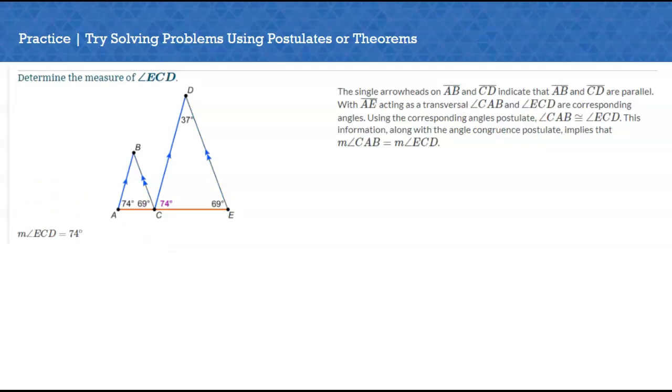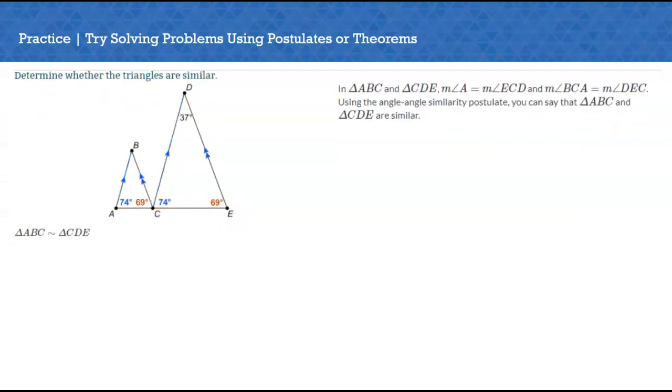The same is true with the single arrows on AB and CD. Since they're parallel and AE is acting as the transversal, then angle CAB and angle ECD are corresponding angles. Using the corresponding angle postulate, we know that angle A and angle ECD are congruent.